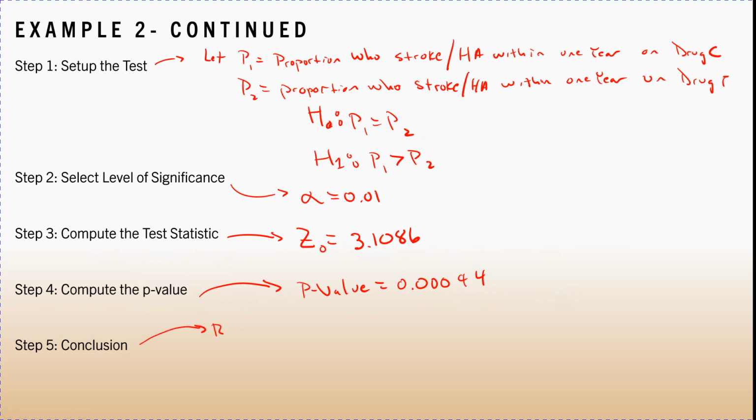So we're going to reject the null. All right, the p-value is less than alpha.